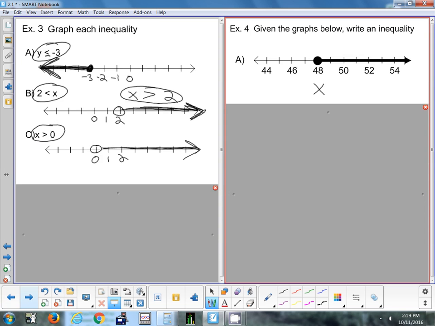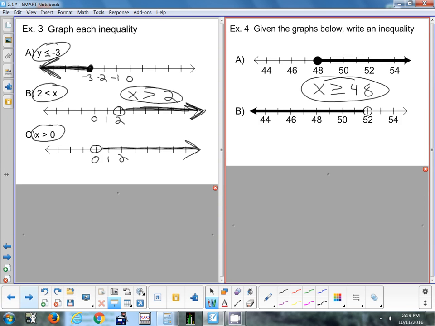Who can give me the name of the symbol that points to the right? The greater than or equal to. And now hopefully it should be pretty clear. X has to be greater than or equal to what number is the circle on? 48. That's it. So you're just working backwards from the picture.